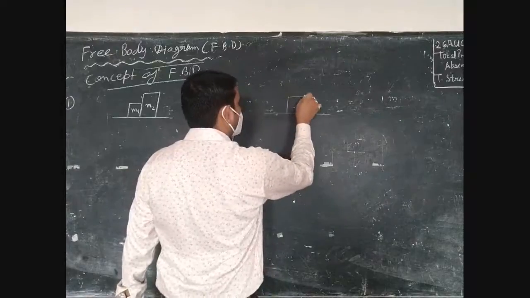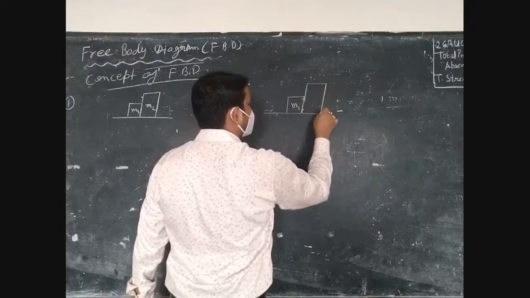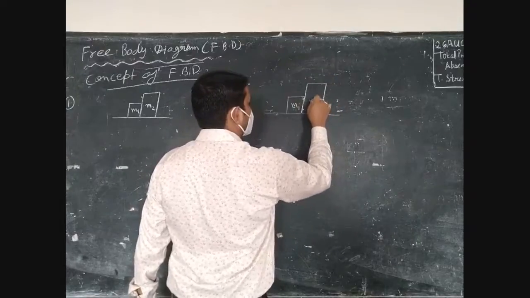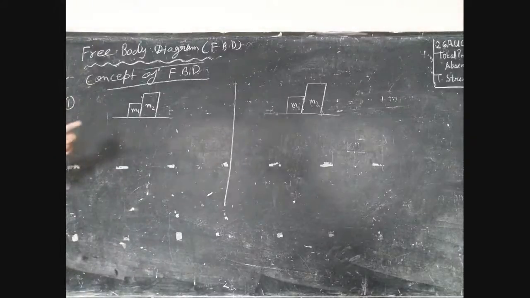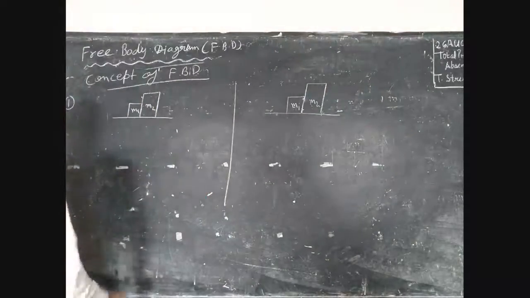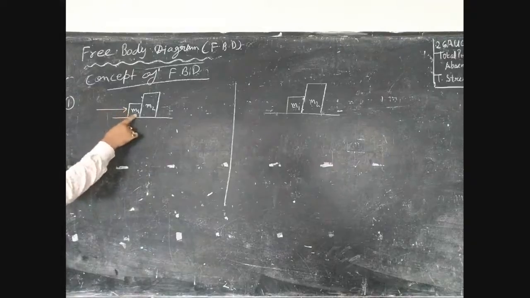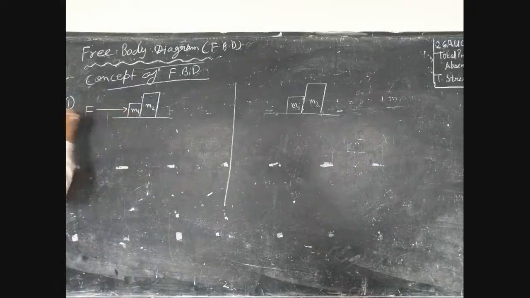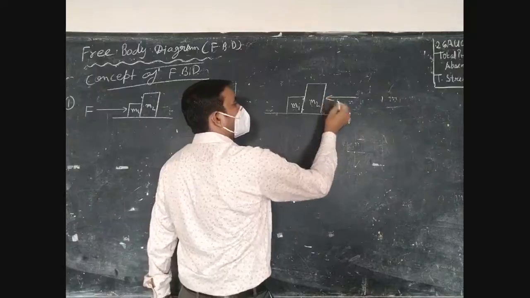And again we have the same two blocks of mass m1 and m2. I will make the equation for one type of situation. You need to form the other situation for this. In the first case, the force is applied on the block of mass m1.